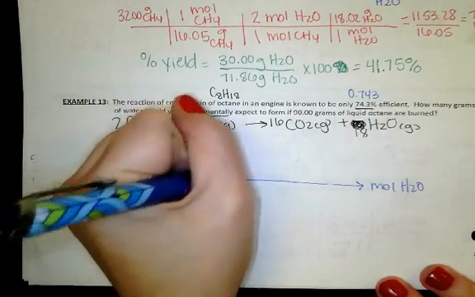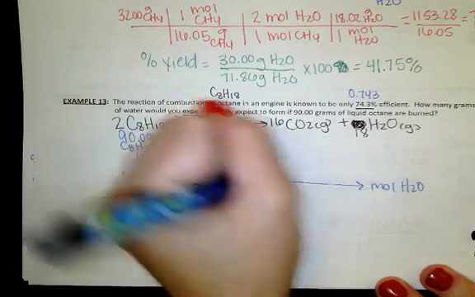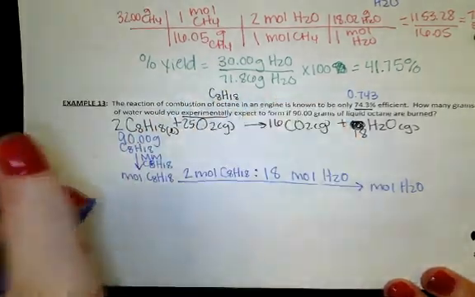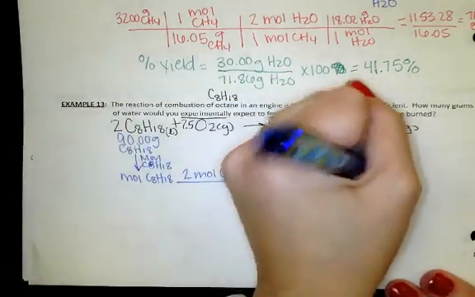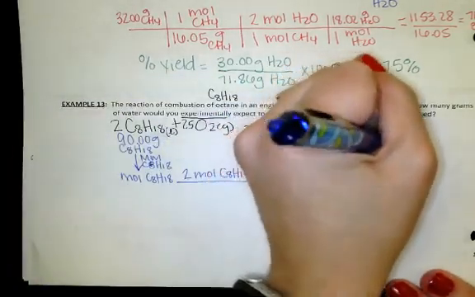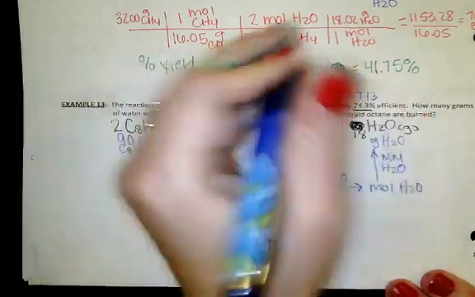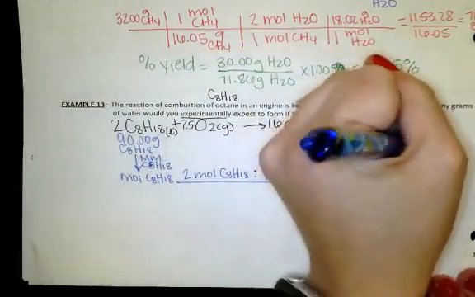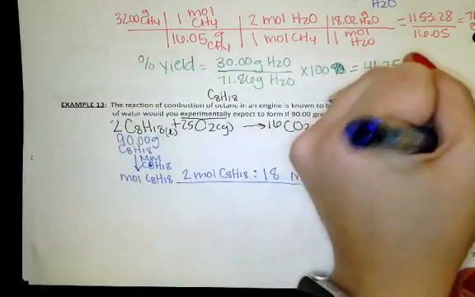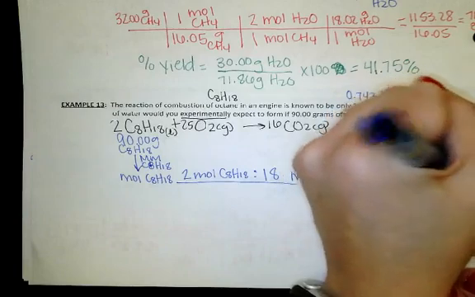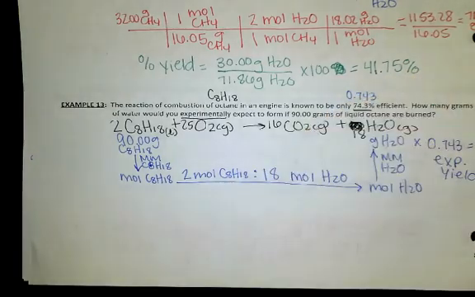Then moles of water to grams of water using the molar mass of water. And then after we get this answer, we're going to multiply that by 0.743. That should give us our experimental yield. Okay. So, let's calculate.